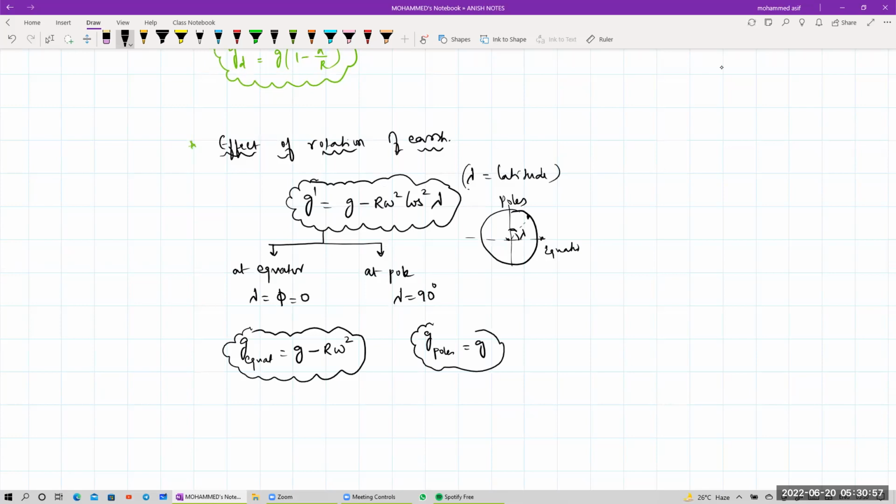Tell me, where is the value of g more? At the equator or at the poles? This one is g minus R omega square and this one is g. Which is more? Sir, at the equator it is less. Yes, so g at the poles is greater than g at the equator.